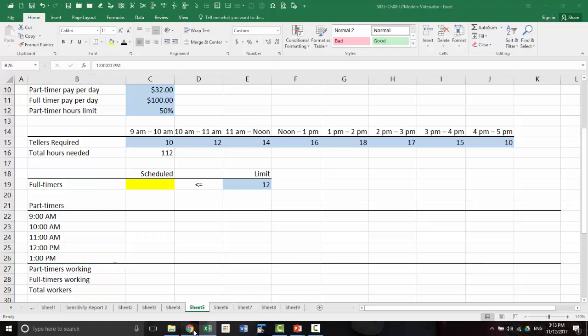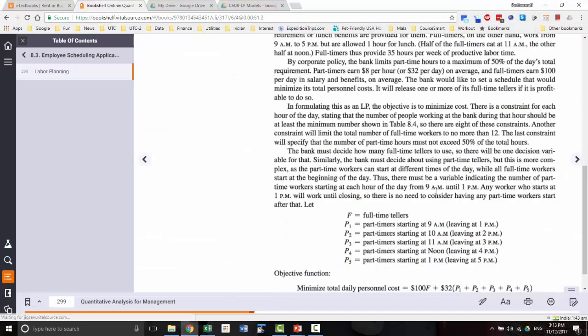It's given here somewhere: number of part-timers starting each day from 9 a.m. till 1 p.m. They cannot start after 1 p.m.